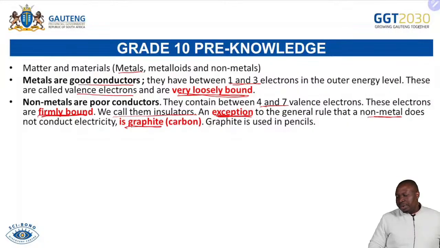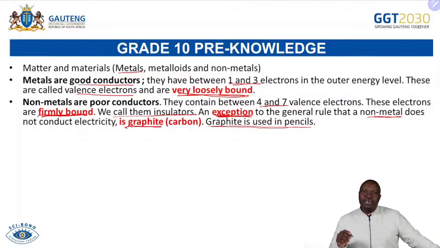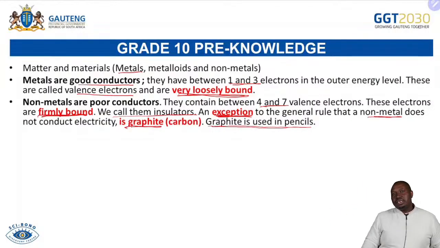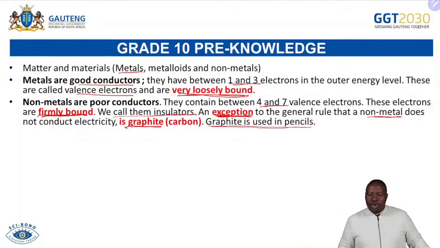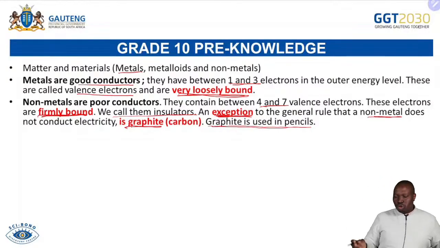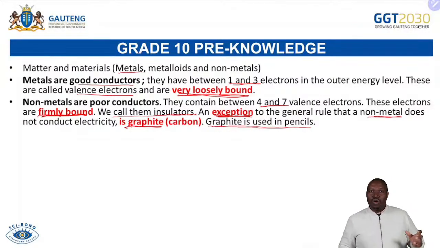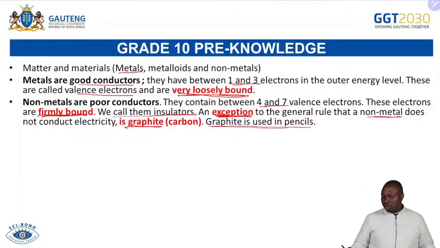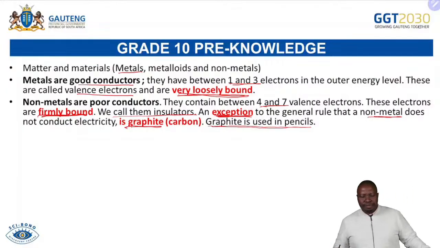This is the graphite that is used in the pencil. So the pencils that we have contain carbon, and that carbon is a good conductor of electricity. You'll see when you do electrolysis, and you can even look at the experiment. You can even use pencils as you do the experiments to show that they are good conductors of electricity. So this is what you have done in grade 10.